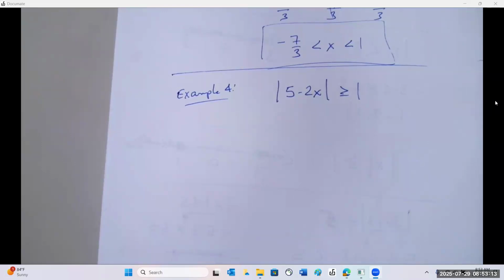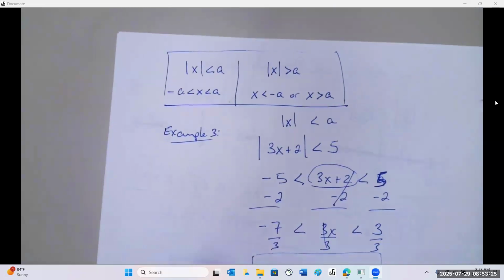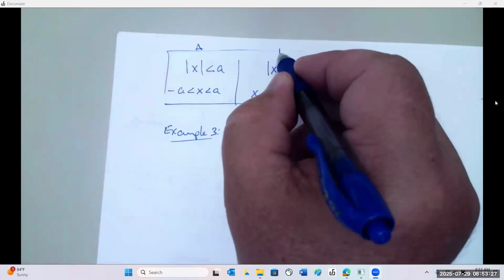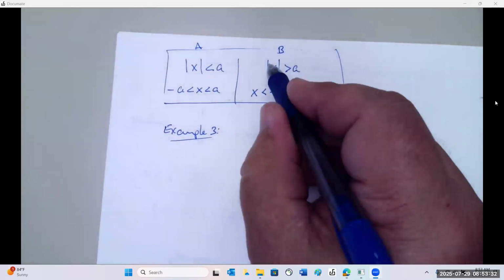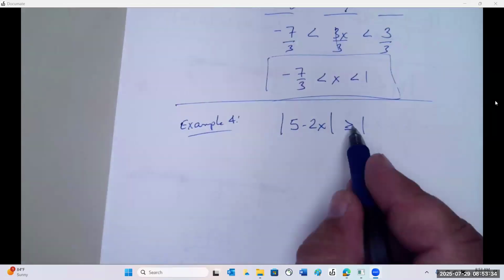All you have to do is match the basic structure of this to either A or B. So what structure is it? A or B? It's B because it's X is greater than. This is greater than.